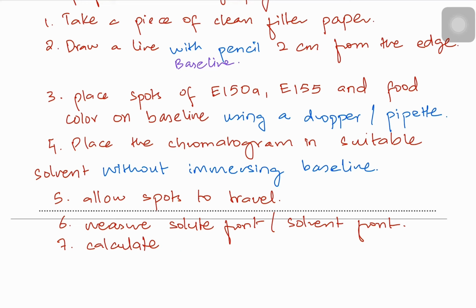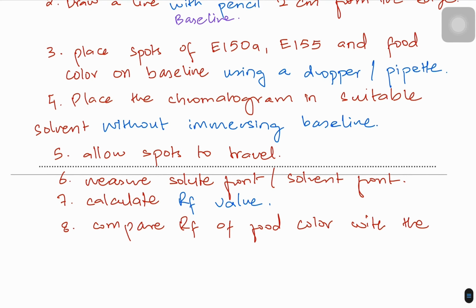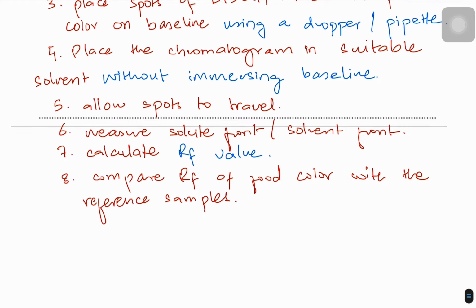Calculate RF value. The last step is really important. You say compare RF of food color with the reference samples. So you will find if the food color is giving you an RF equal to E150A or E155.